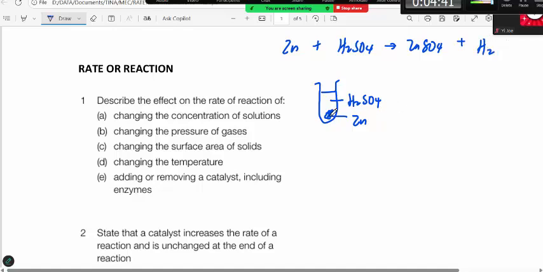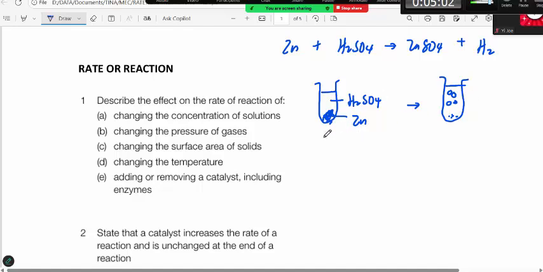So this zinc will start to dissolve, and hydrogen gas will start to form. After a few seconds or a few minutes, depending how fast the reaction is, all the zinc will have dissolved and you can see nothing. Hydrogen gas bubbles will form and then it will stop.